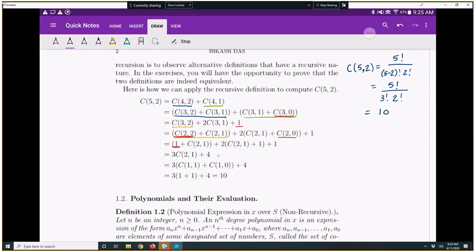So you can see we keep iterating through this process until in the end, every term that we have is of the form n choose n or n choose 0, and we get to replace them by 1s. So repeating this process, we eventually find out that 5 choose 2 is 10, which we know is correct. We computed that using the computational formula. So you might notice that it was quicker to use this computational formula, and that is true.